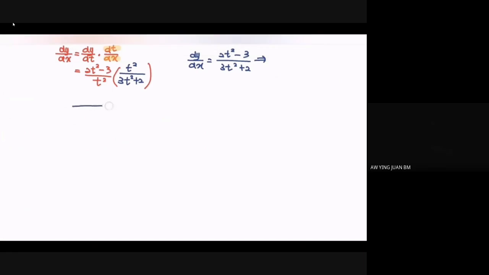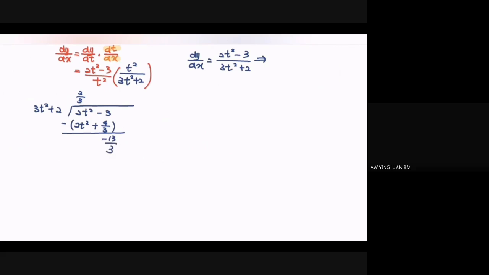We have long division. 2t squared minus 3, 3t squared plus 2. So what we have to do, we multiply the 2 over 3, so that I can get 2t squared. So in here we will have 2t squared plus 4 over 3. So after we simplify, negative 3 minus 4 over 3, we will have negative 13 over 3.